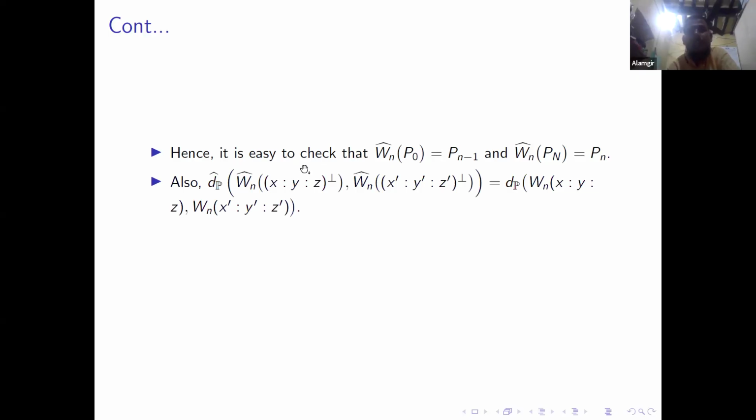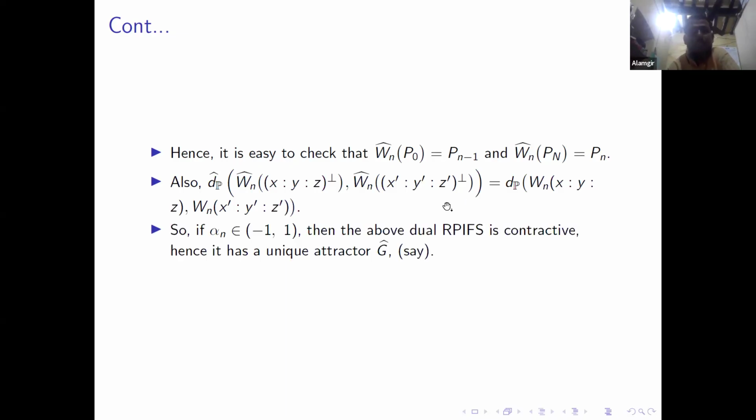Also, these maps are isometric with respect to the dual metric. If alpha n belongs to (-1, 1), then our original real positive iterative function system is contractive. From this relation, we see that Wn hat is also contractive with respect to the dual metric. Hence, this IFS has a unique fixed point, which we denote by G hat.